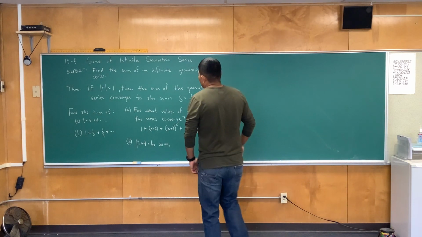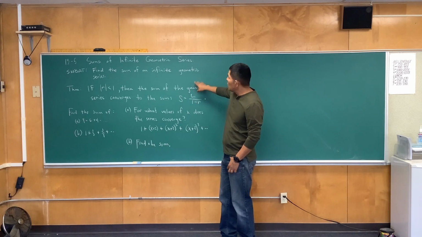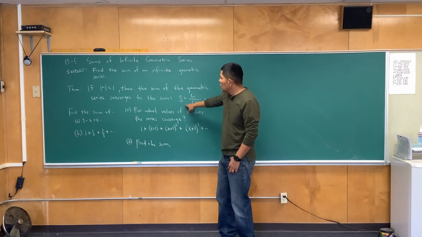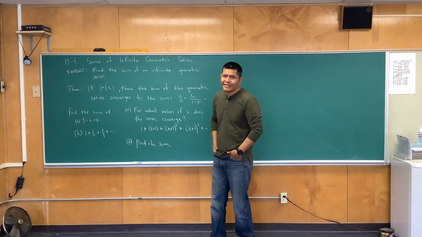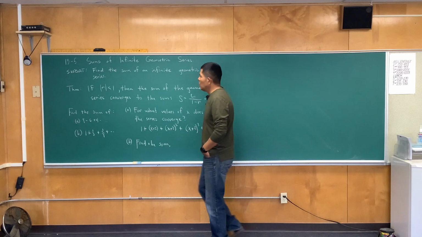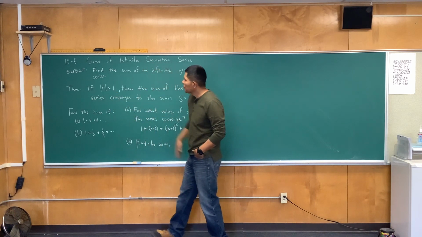Now, the first thing we're going to need to know is the formula for the sum of infinite geometric sequences. Now, it's really important that you look at the way that it's written, okay?